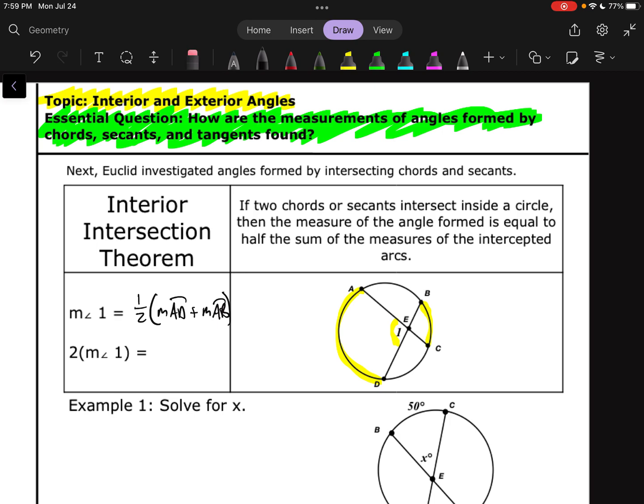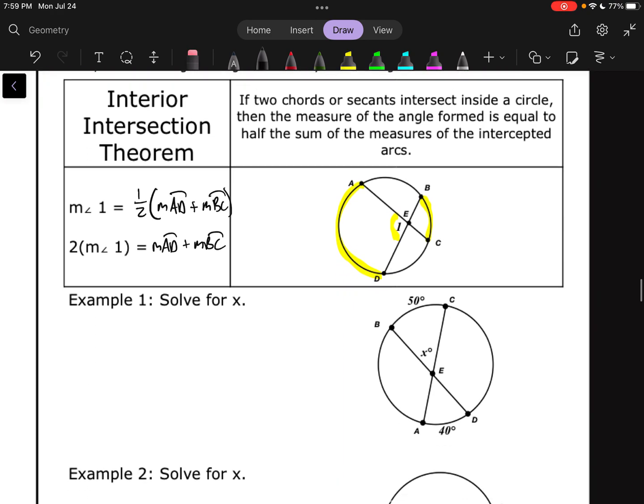Or if we don't want to do the 1/2, we can do 2 times the measure of angle 1 equals the measure of AD plus the measure of BC. Oh, and I'm sorry, I said AD and AB. That should be BC. There we go. So it is 1/2 the measure of the two arcs that it intercepts there.